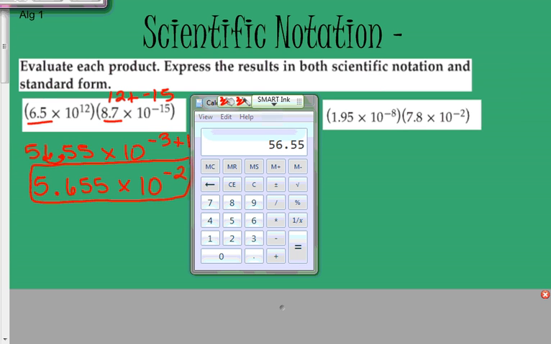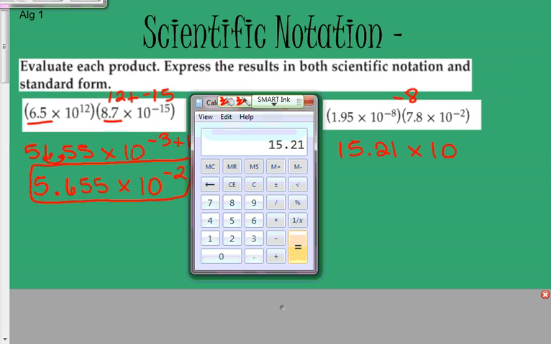Let's do the next one. Clear out our calculator. We'll start with 1.95 times 7.8, and we'll get 15.21 times 10.